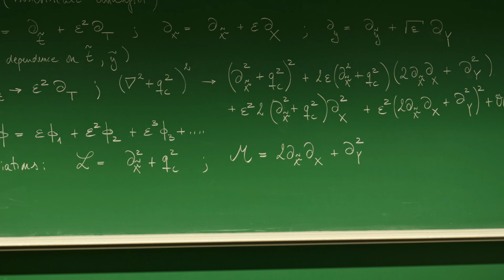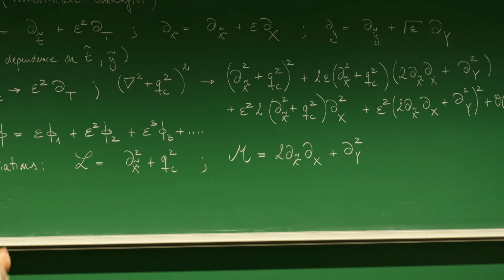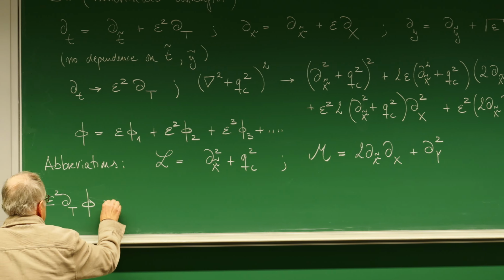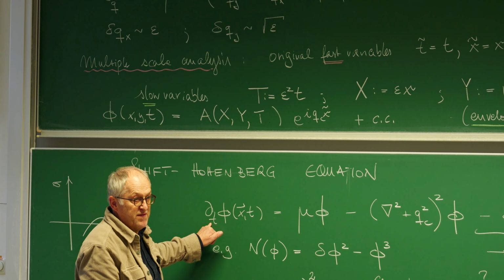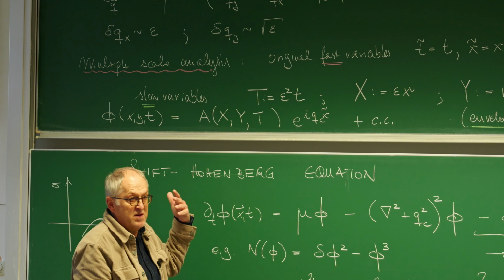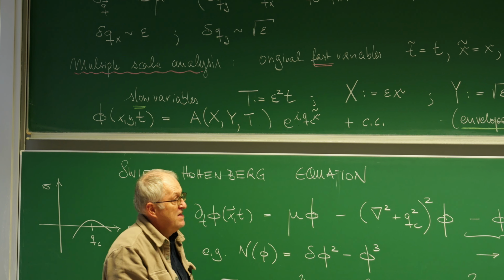So as we insert this in, we have epsilon squared dT phi, that's easy. That is just the left-hand side of the Swift-Hohenberg equation, where I only have a dependence on the slow time scale, because the fast time scale, I took a stationary carrier wave.